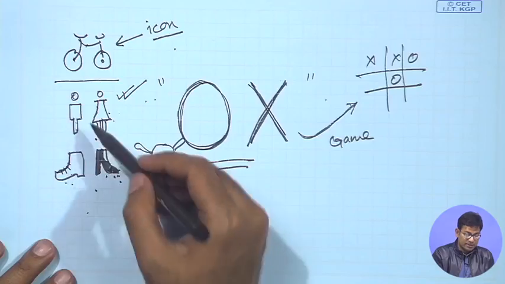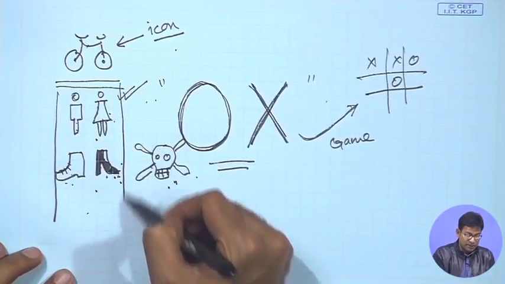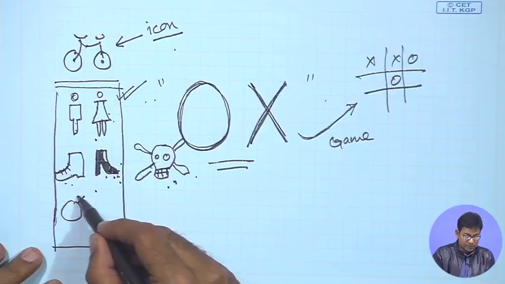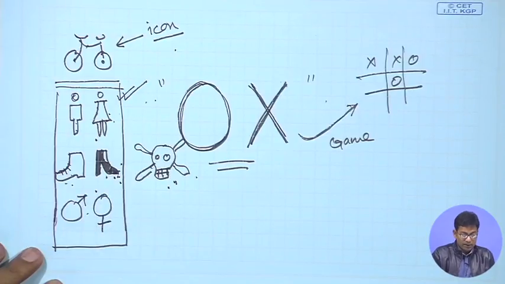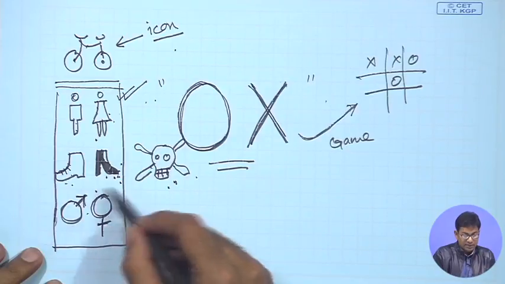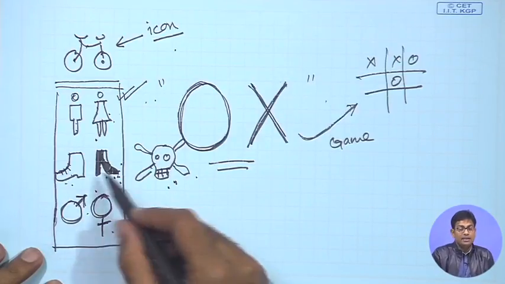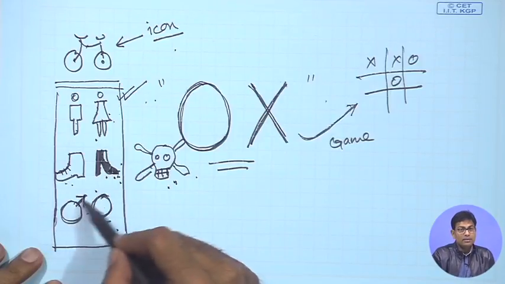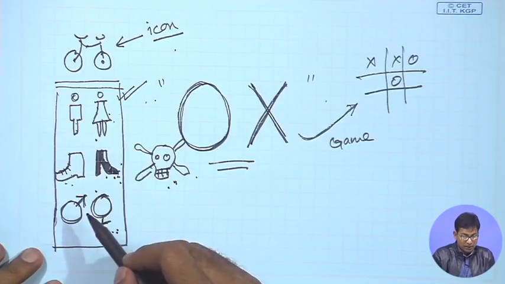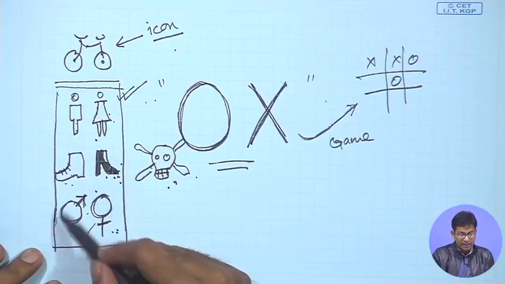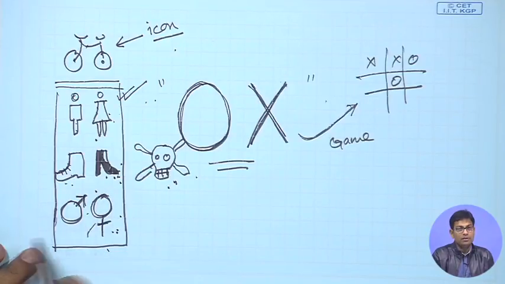Let us take the same example. This is a symbol. It resembles nothing, and there is no causal effect to this, but it is a mere agglomeration of shapes. By convention, we know that one is male and one is female, and hence this is a symbol which stands for the toilet signage.